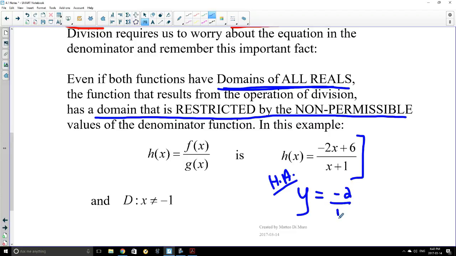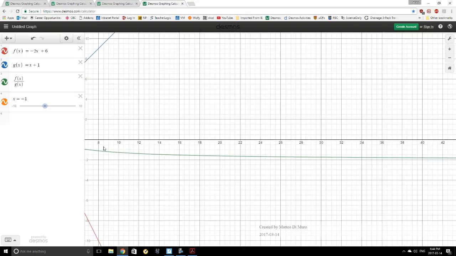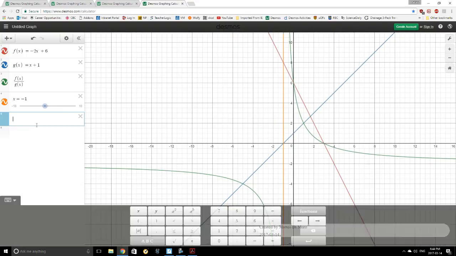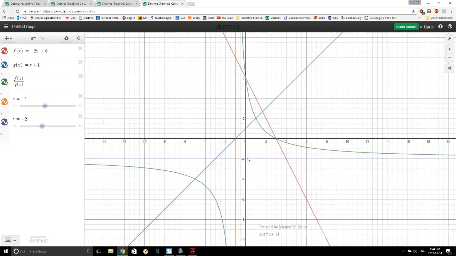So we're expecting a horizontal asymptote at negative 2. You can see that on Desmos, those green lines are not crossing negative 2. So you can see it going and hugging. I can plot that there. So you can see that they do not cross that purple line. All right, so this big mess, this is the reason why the exam tends to stay away from those functions.